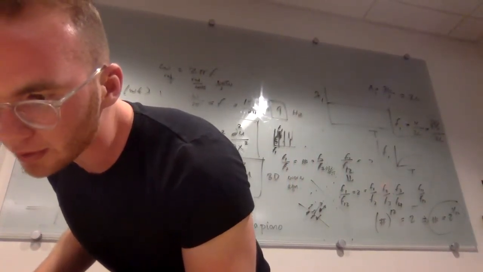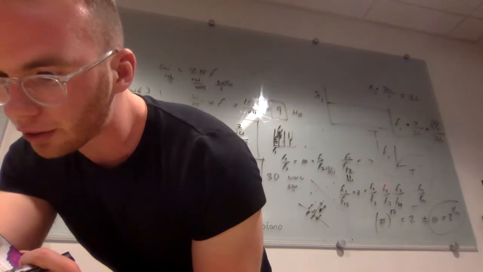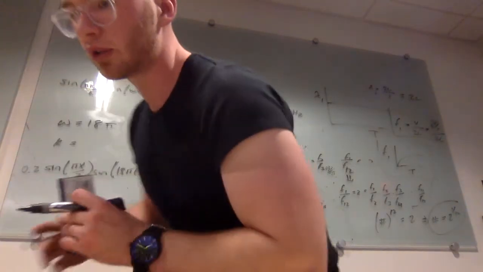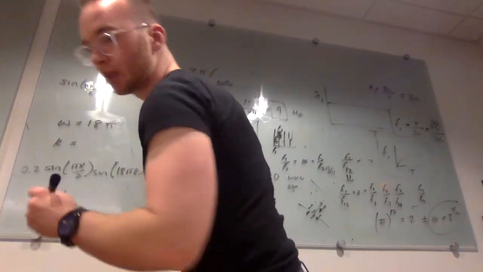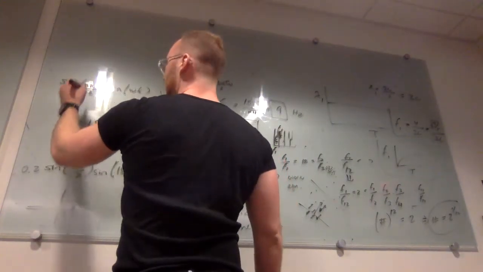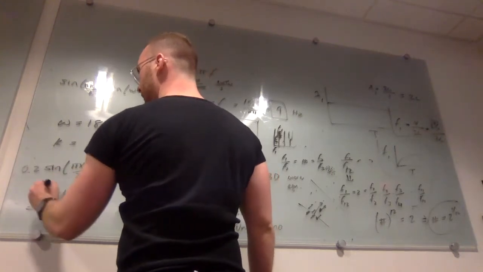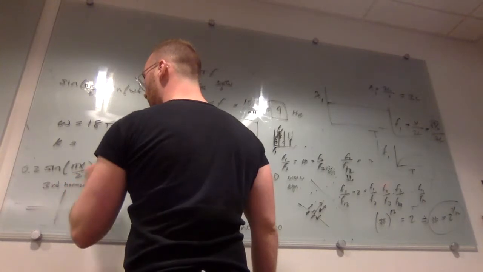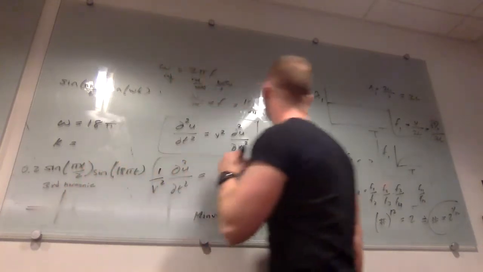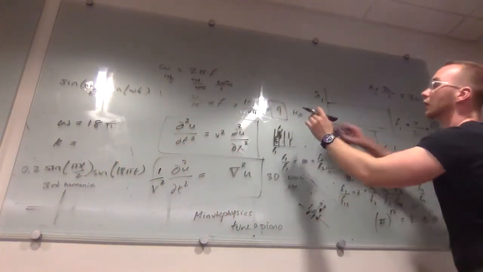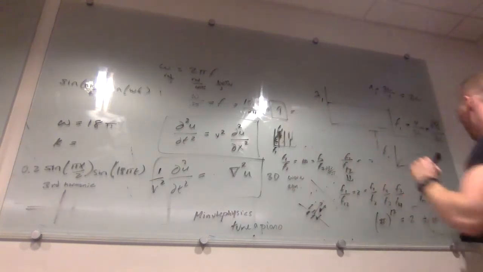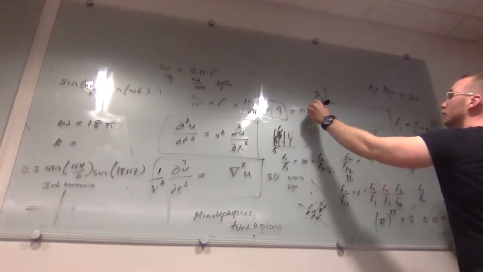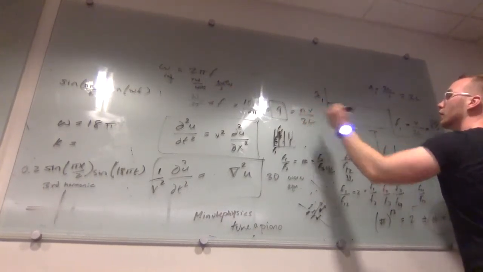So it represents the third harmonic. Oh, I see. So what we want, so it's pi x over 2, and this is the third harmonic. And so therefore, the frequency, which is 9, well, we know that the frequency looks like this: n v over 2L.